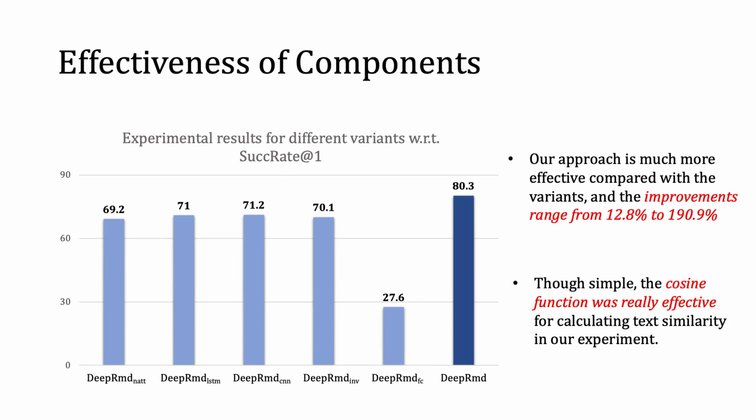Here are the results. For simplicity, we only show the success rate at top 1. We can find that our approach is more effective compared with the other variants, where the improvements range from 12% to 190%. Importantly, though simple, the cosine function was really effective in our model.